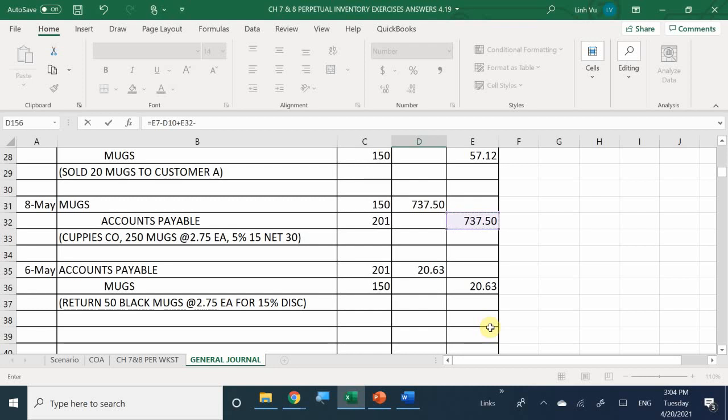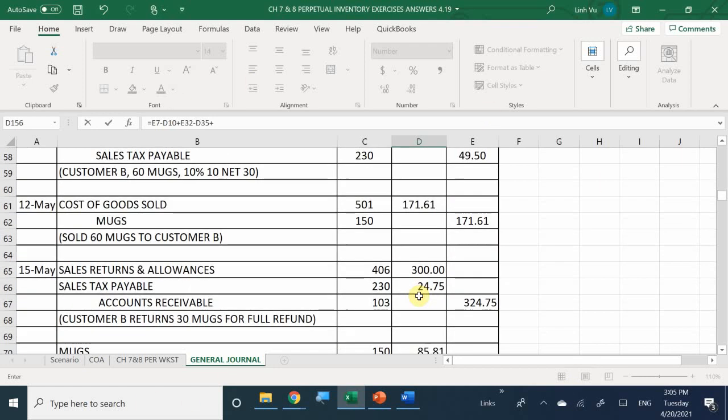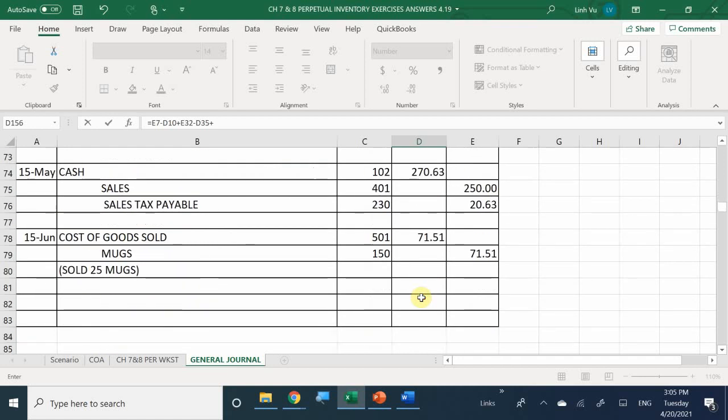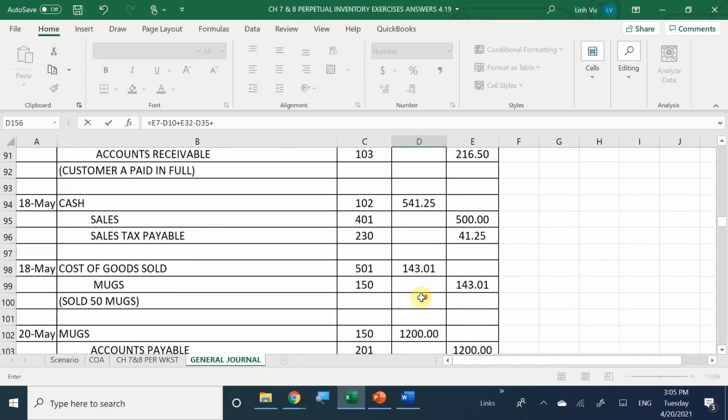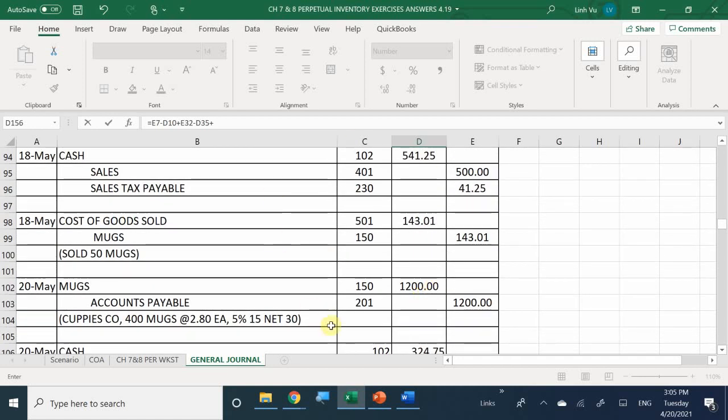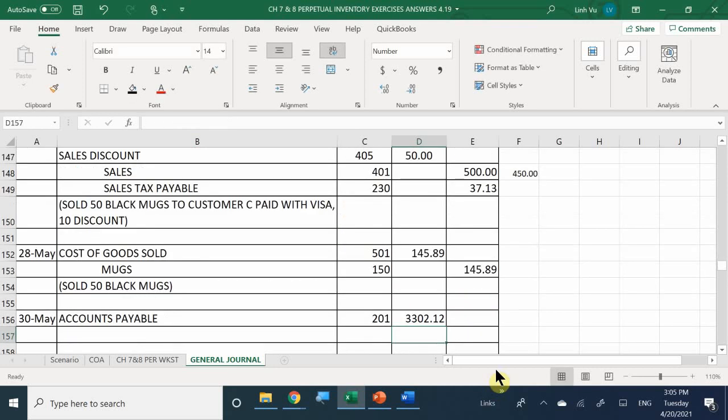But I ended up returning $20.63. Then the last bill that I've encountered was on May 20th. So May 20th, I ended up purchasing an additional $1,200 worth of stuff. And that's it. Those are the 3 bills I had. I didn't make any returns for the third bill. So in this case, my total should be $3,302.12.